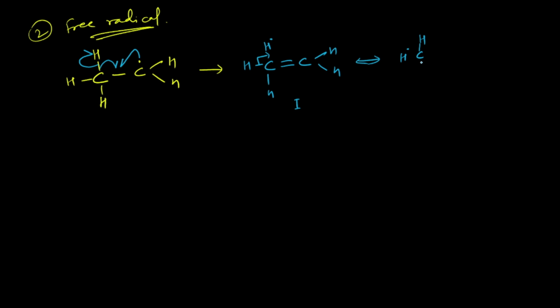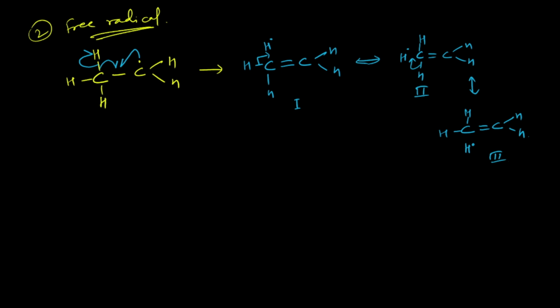This radical will be available over here, and then double bond carbon, here hydrogen, this place is also hydrogen. So this will be your second hyperconjugating structure, and for the third one, this bond will shift over here and it will just neutralize. It will form this bond, and then this hydrogen will have the radical, double bond carbon, here hydrogen, here one hydrogen. This will be your hyperconjugating structure 3.